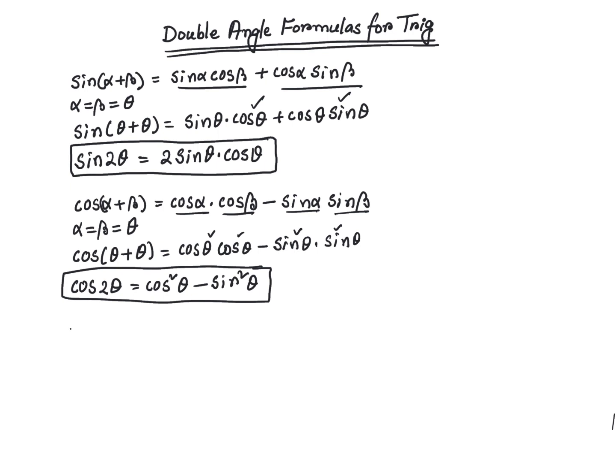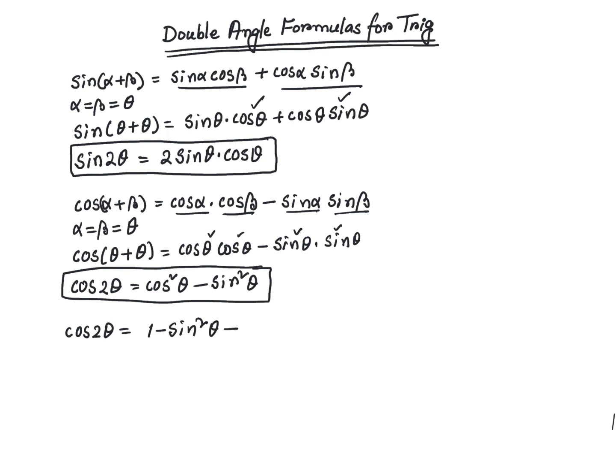So cosine of 2 theta, I could write it as cosine square theta minus sine square theta. But remember, cosine square theta is 1 minus sine square of theta, right? Because sine square theta plus cosine square theta is equal to 1. And if you solve for cosine square theta, it's 1 minus sine square of theta. So I'm going to replace cosine square theta by 1 minus sine square of theta.